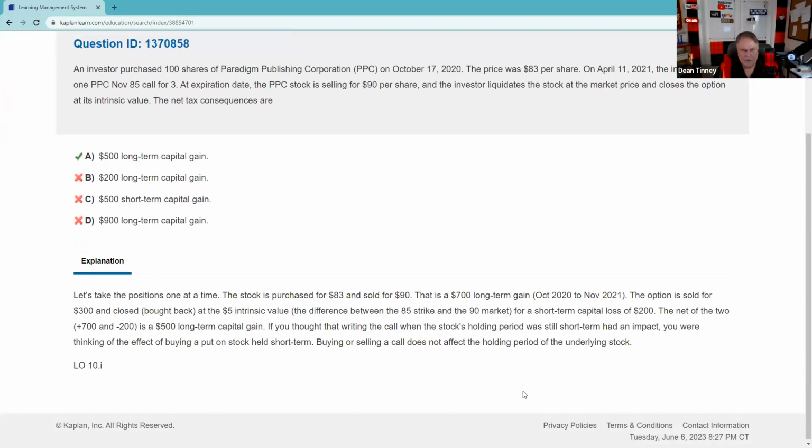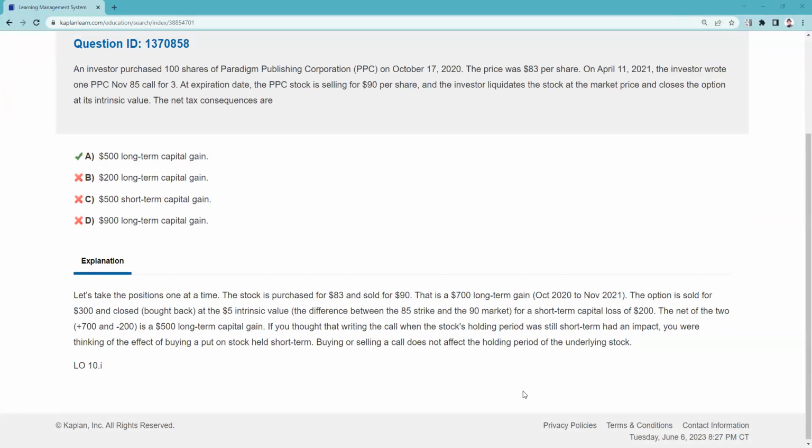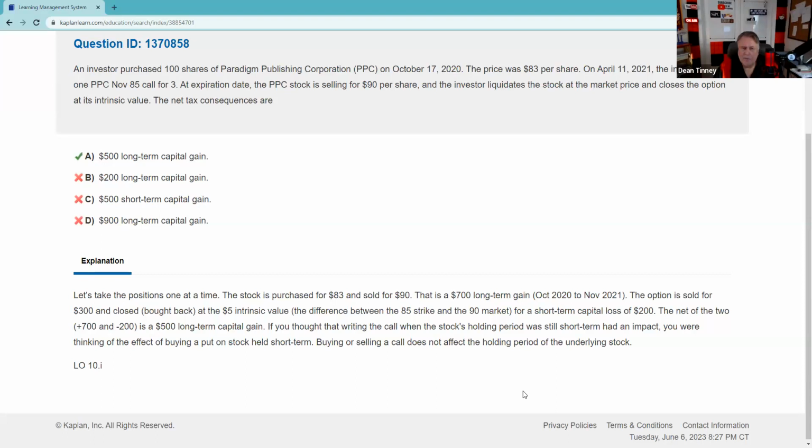What answer did you have here? I did short-term gain because I thought the duration changes based on the option. No, what you were probably thinking is that if this had been a put, it would have interrupted your holding period.